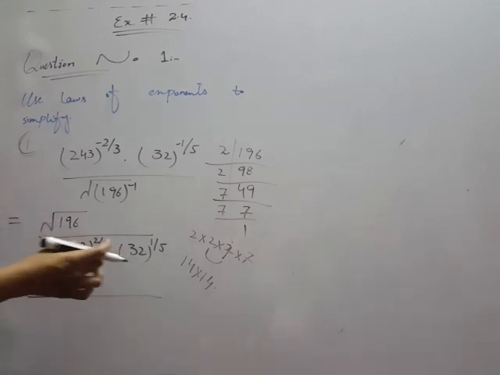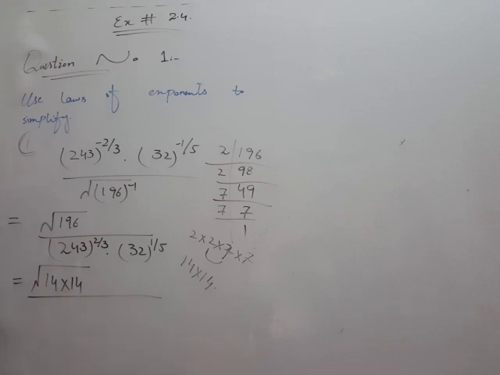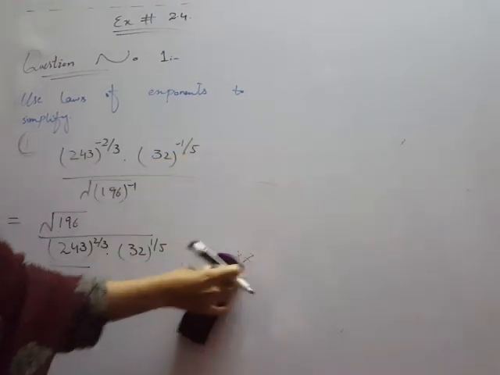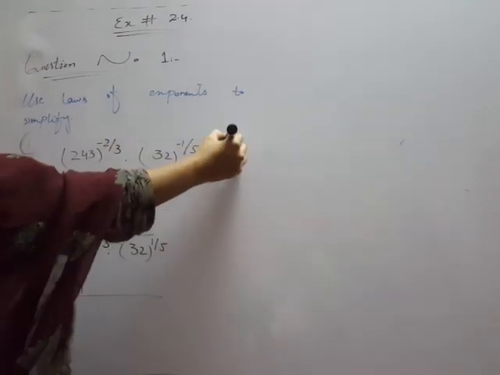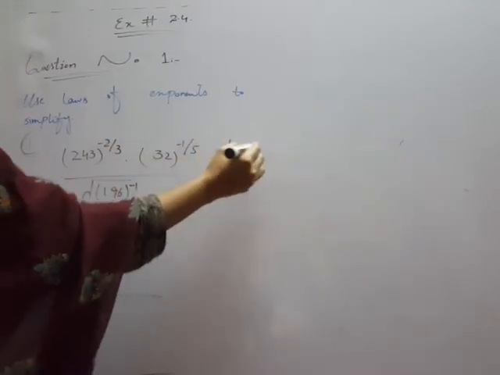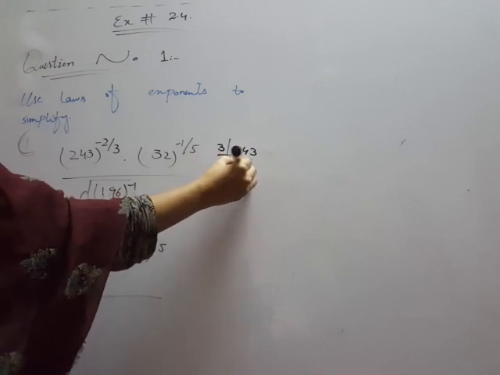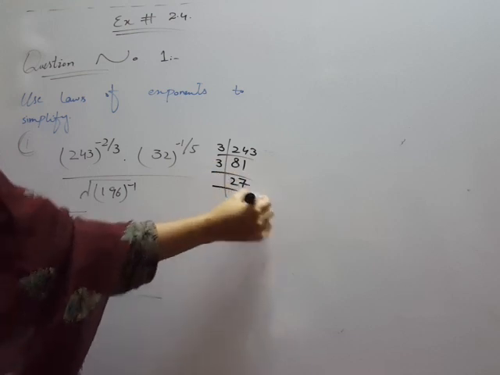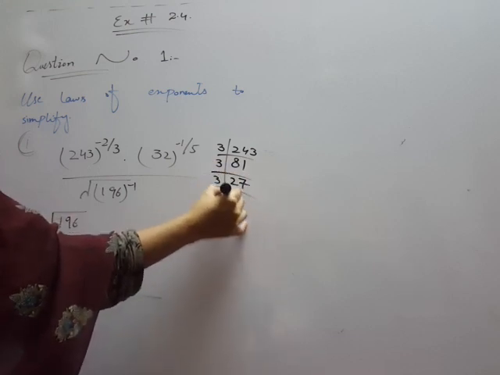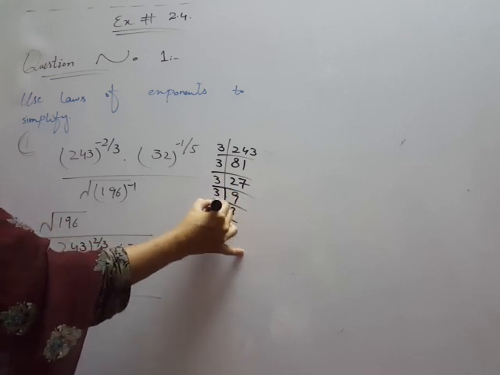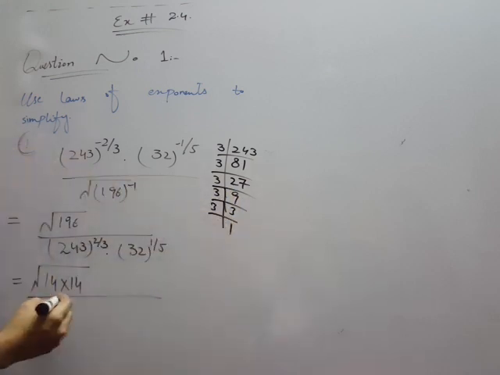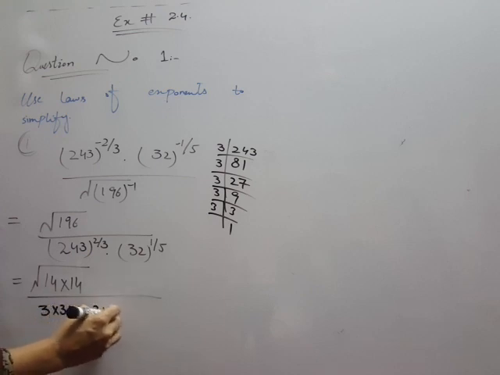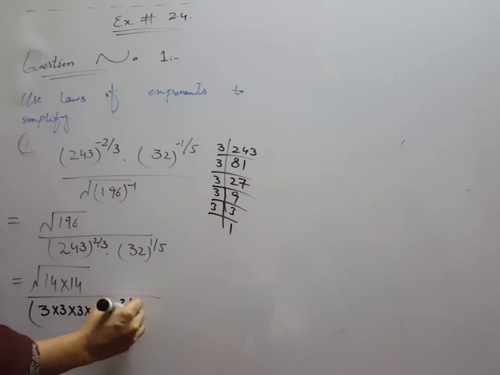Like this I can write 243. So 243 will be equal to 3 multiplied by 3 multiplied by 3 multiplied by 3 multiplied by 3, raised to power 2 by 3.